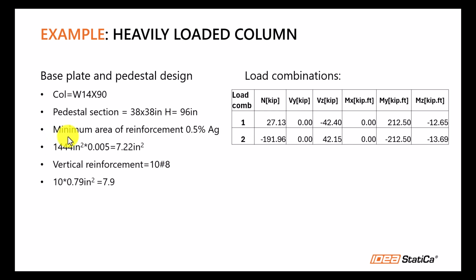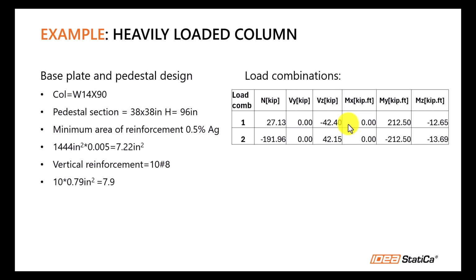Here I'm calculating the minimum area of reinforcement, and I'm using 5% of the area of the concrete. What I calculate as a base is 10 longitudinal rebars, number 8, and I'm going to use that as a base for the pedestal reinforcement.